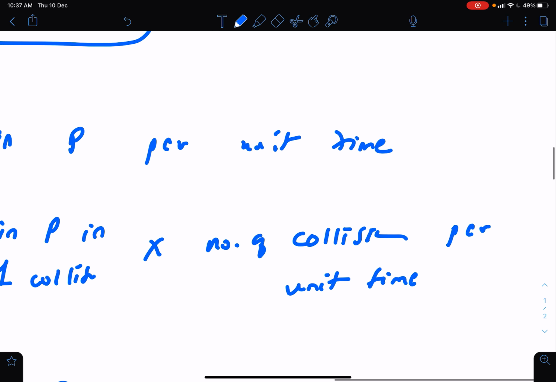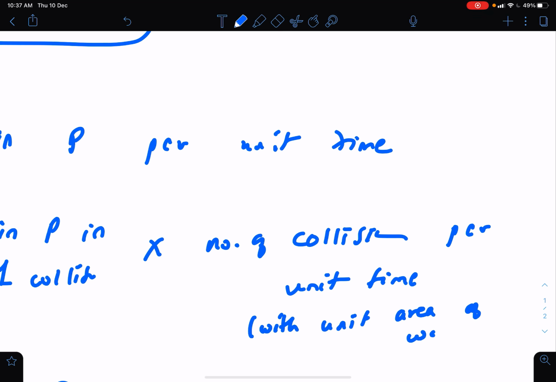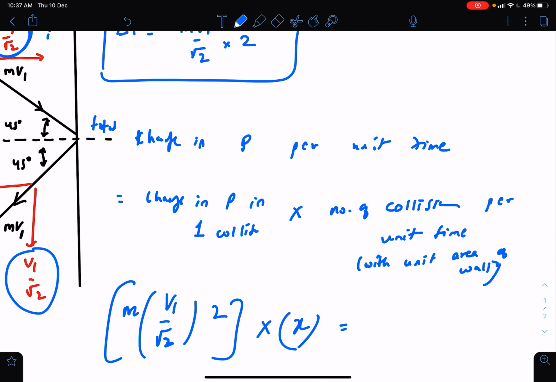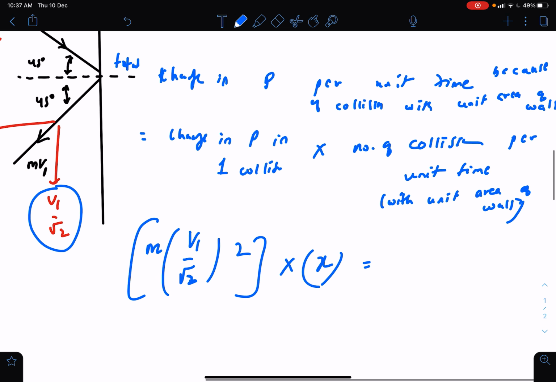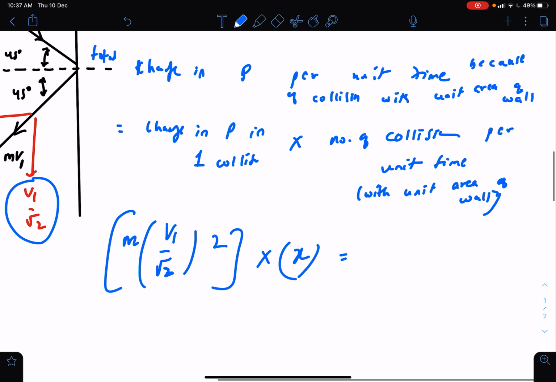Here we are calculating the number of collisions per unit time with unit area of the wall. So this is the change in momentum per unit time because of collisions with unit area of the wall.